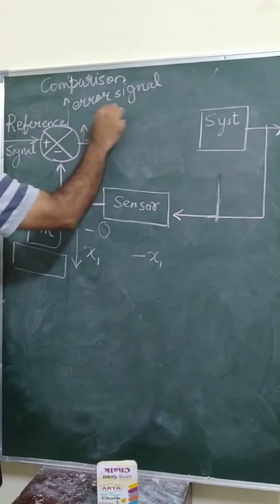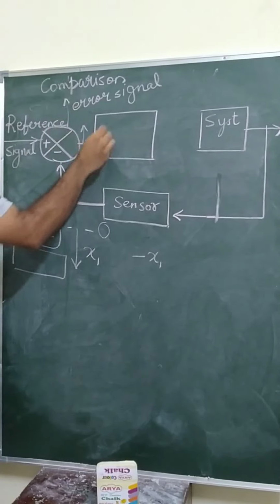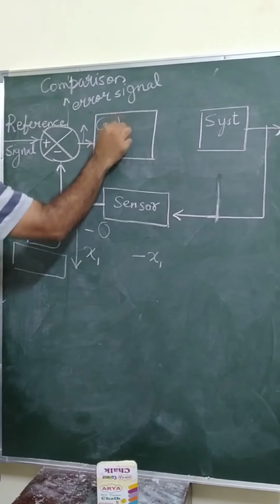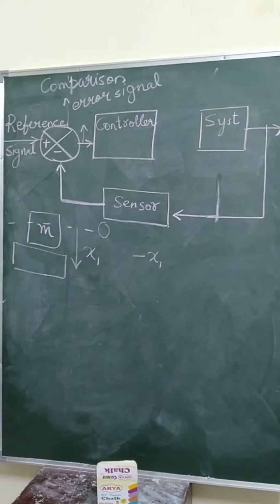Your controller will take the error signal as input and decide the control action to be taken.